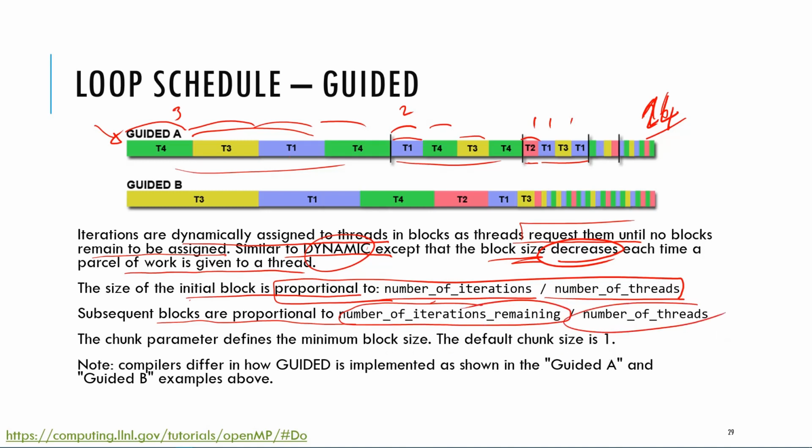So each time we apply a certain ratio to decrease gradually the number of iterations assigned to each thread. This is really useful because very often the tasks to be done inside iterations are typically harder at the end.